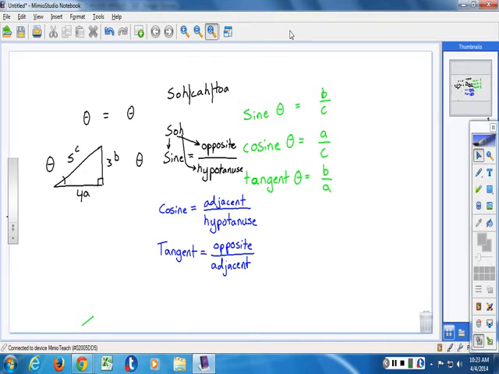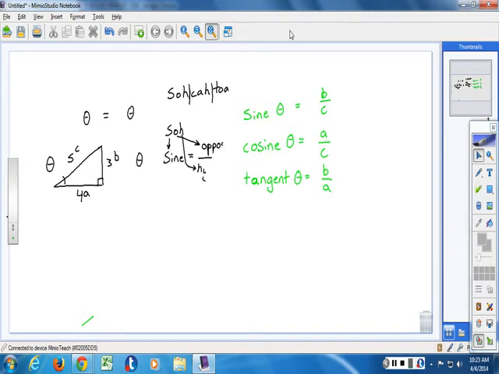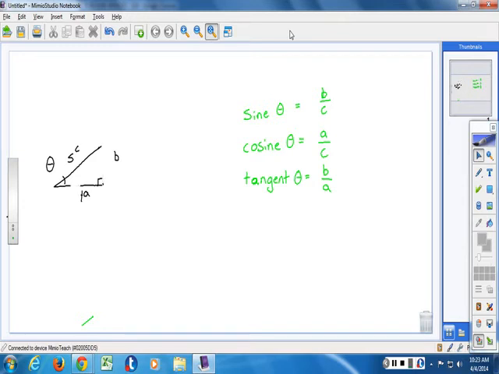Has everybody got this part? Let me erase this so I have a little more space here. If there are any questions about it, just stop me and let me know. There, generic triangle.